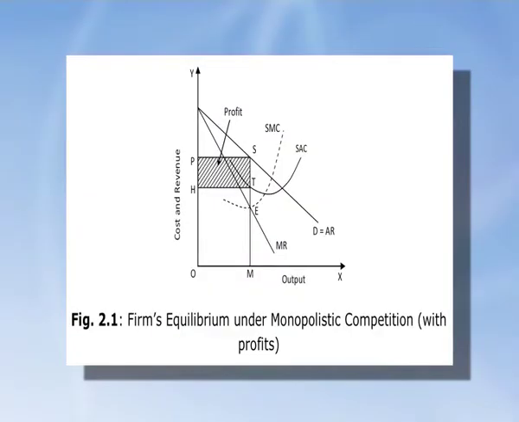average revenue. From figure 2.1, it will be noticed that at equilibrium output OM, marginal cost and marginal revenue are equal, and both are here equal to ME, but price fixed is MS or OP, which is greater than the marginal cost ME. It thus follows that the price under monopolistic competition is greater than marginal cost.